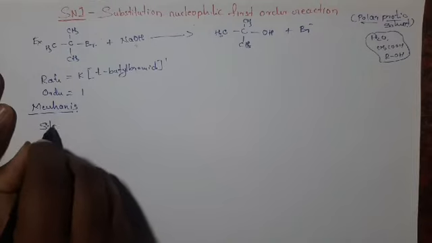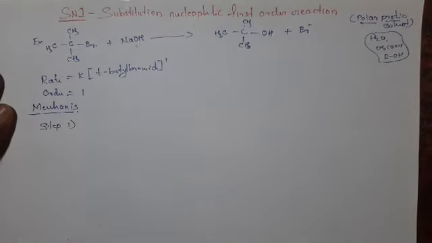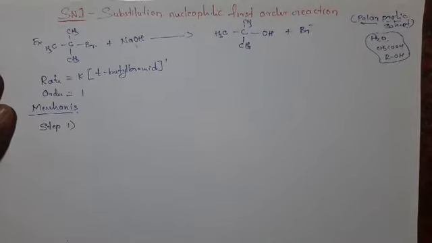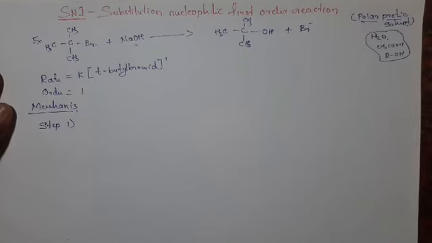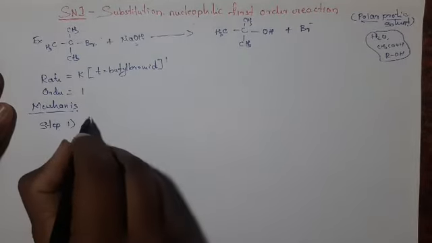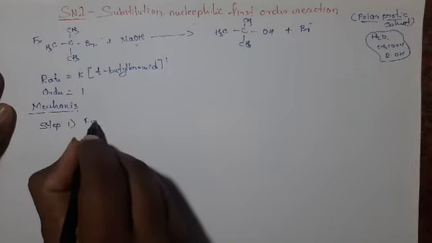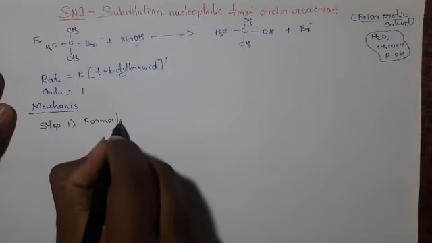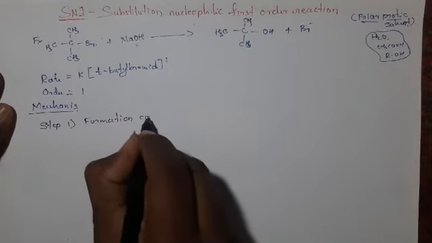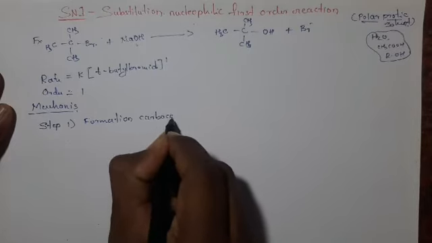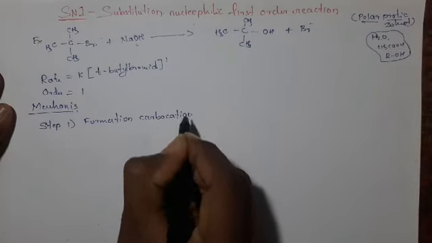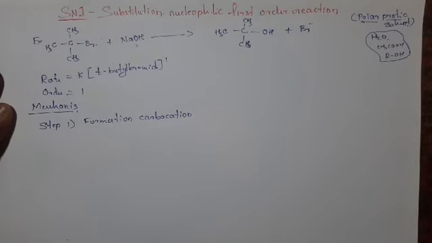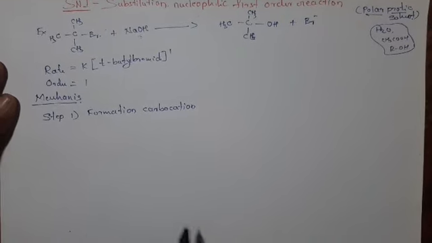Step 1 is the ionization step, or formation of carbocation. In this first step, the formation of carbocation takes place.